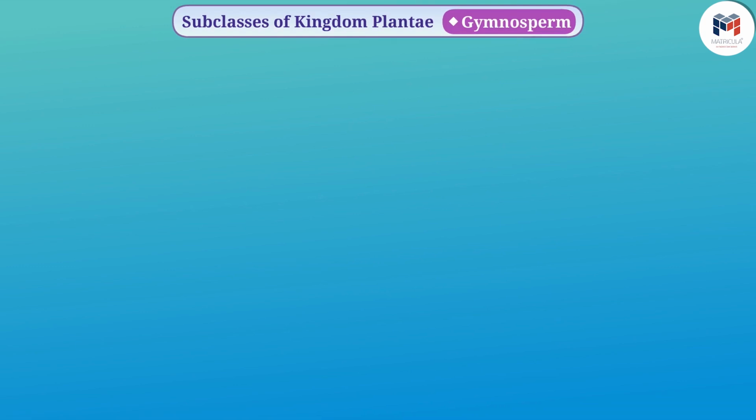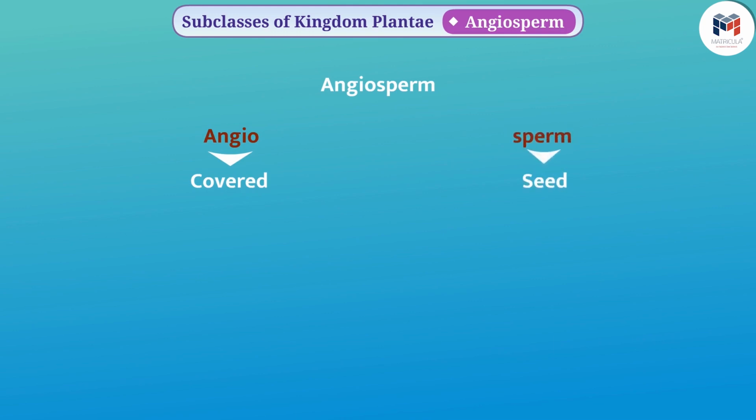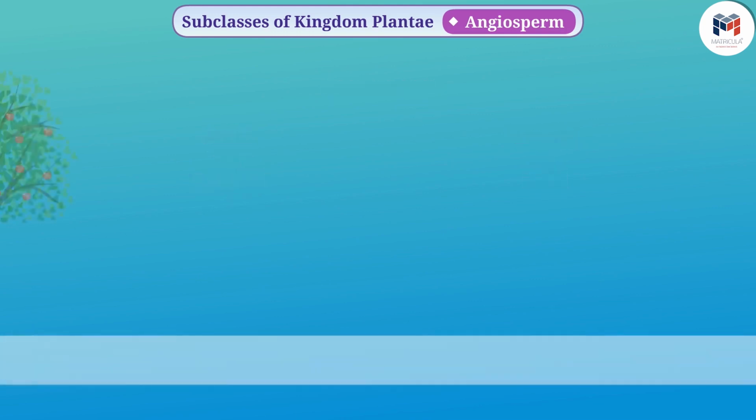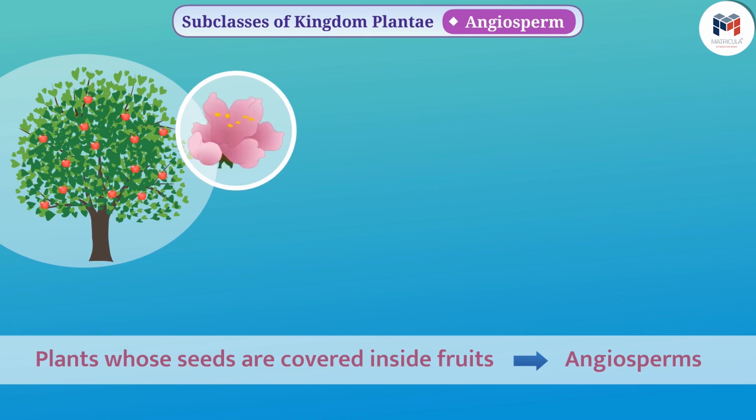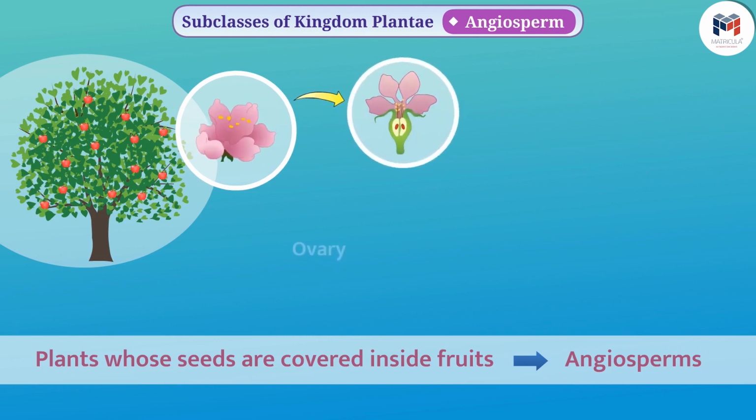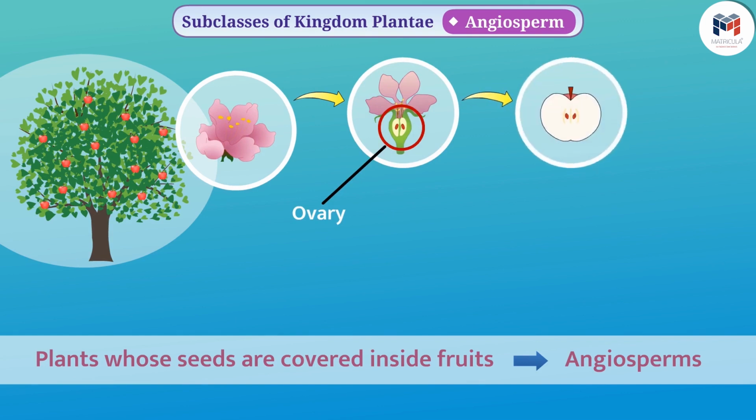Now, let's understand angiosperms. The word angiosperm is made up of two Greek words, angio, meaning covered, and sperm, meaning seed. In this way, plants whose seeds are covered inside fruits are called angiosperms. The main feature of these plants is the presence of flowers. Their seeds develop in the ovaries of flowers, which later take the form of fruits.